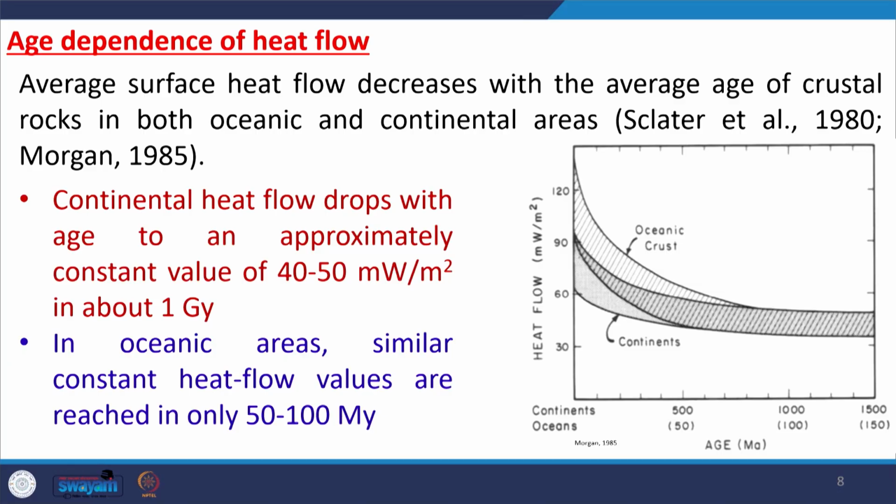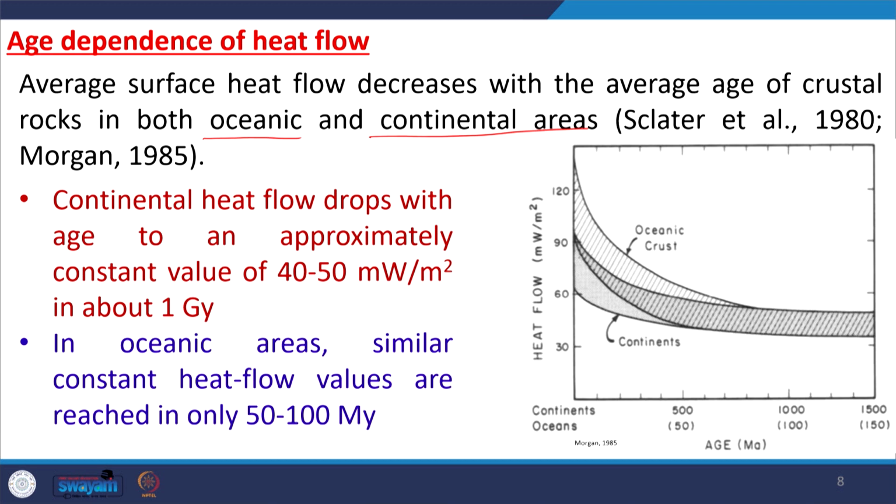Now, age dependent heat flow. How does age influence the heat flow of the system? Average surface heat flow decreases with the average age of the crustal rock in both oceanic as well as continental areas. So far we were discussing the continental lithospheric system, but in the oceanic system also, the average heat flow decreases with age.